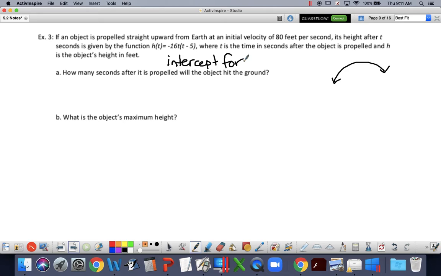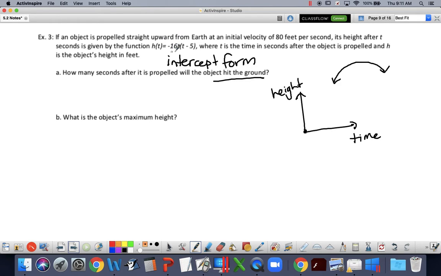And the x-intercepts of this function will tell me when it is on the ground, because we've got our function plot here where my x value is the time, and we need our height here. We want our height to be at 0, so when the height is at 0, those are the x-intercepts. So all I really have to do is find out what my x-intercepts are.